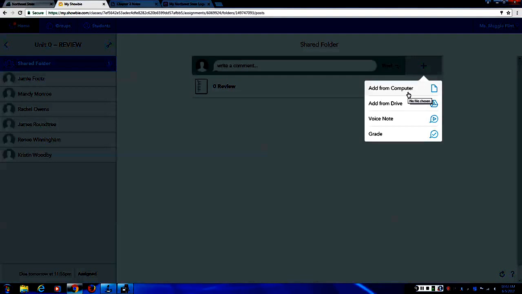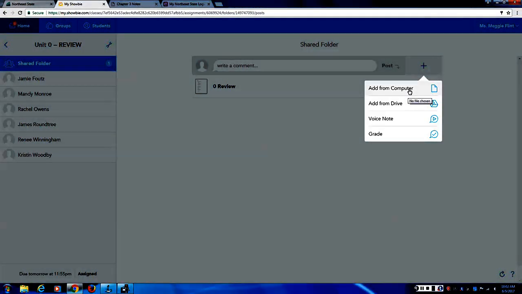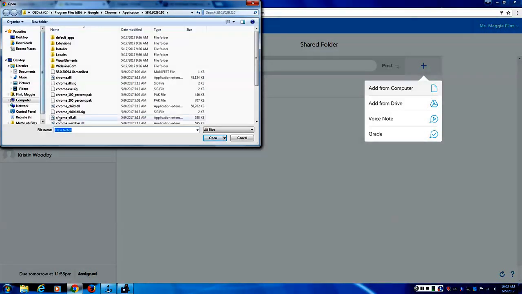And then you're going to add from your computer or from your storage drive, whatever you're using. It lets you use Dropbox or iCloud or whatever you use for online storage. But you're going to add the picture, and then you'll have to go find your picture.